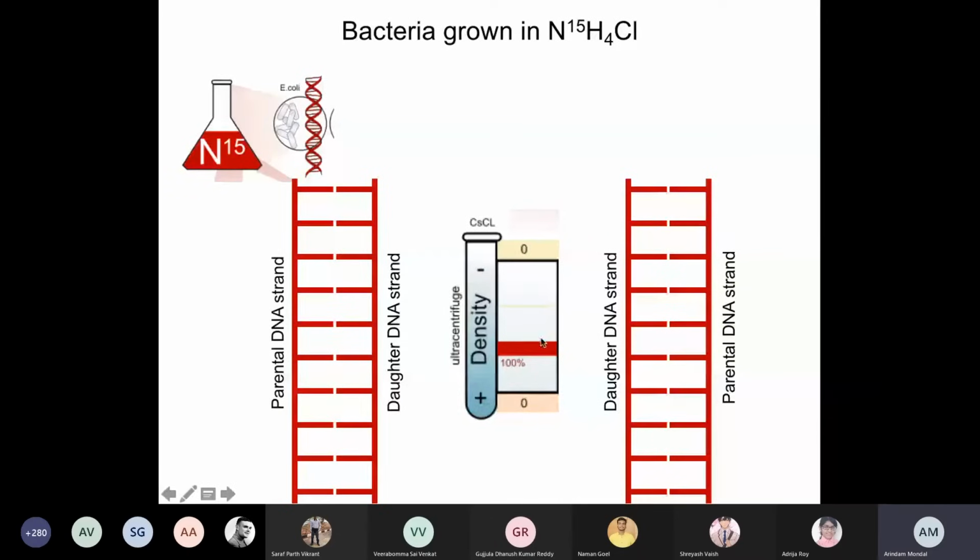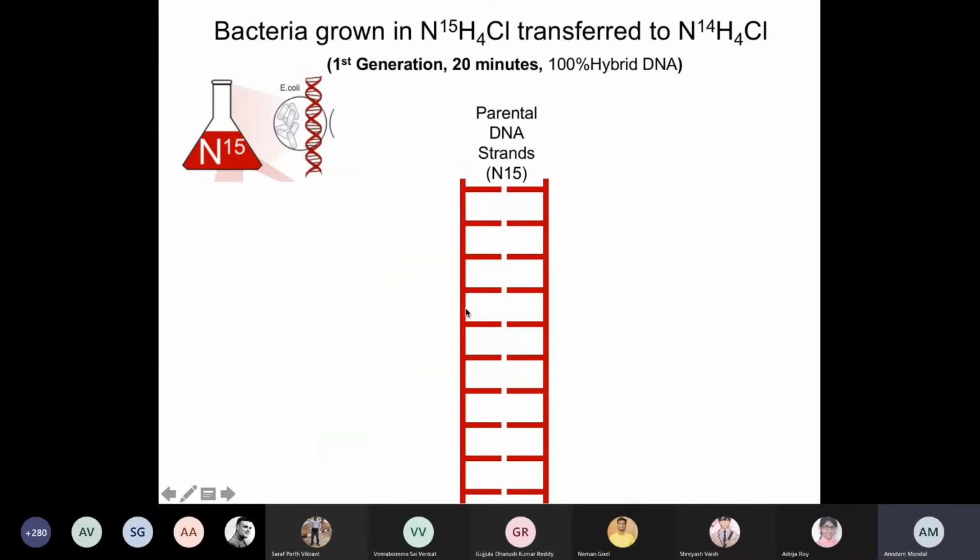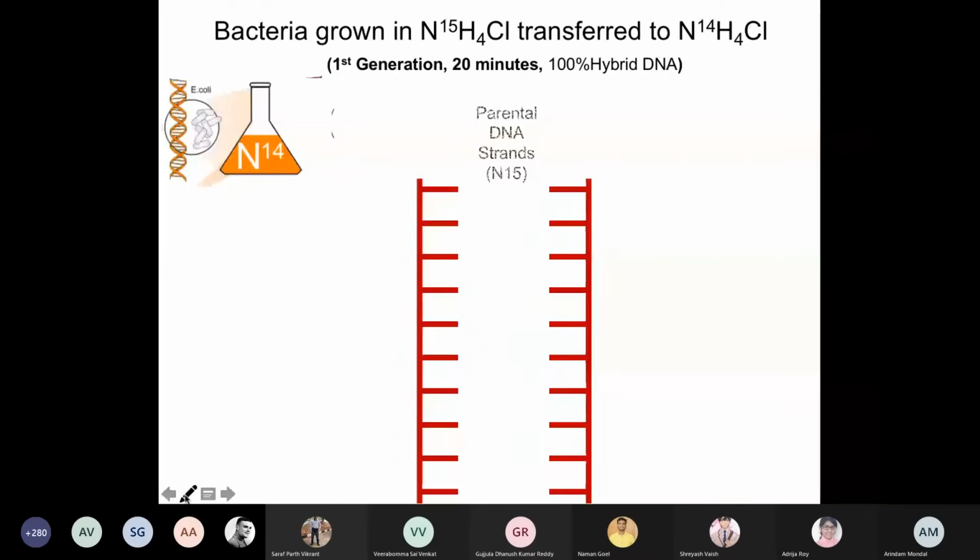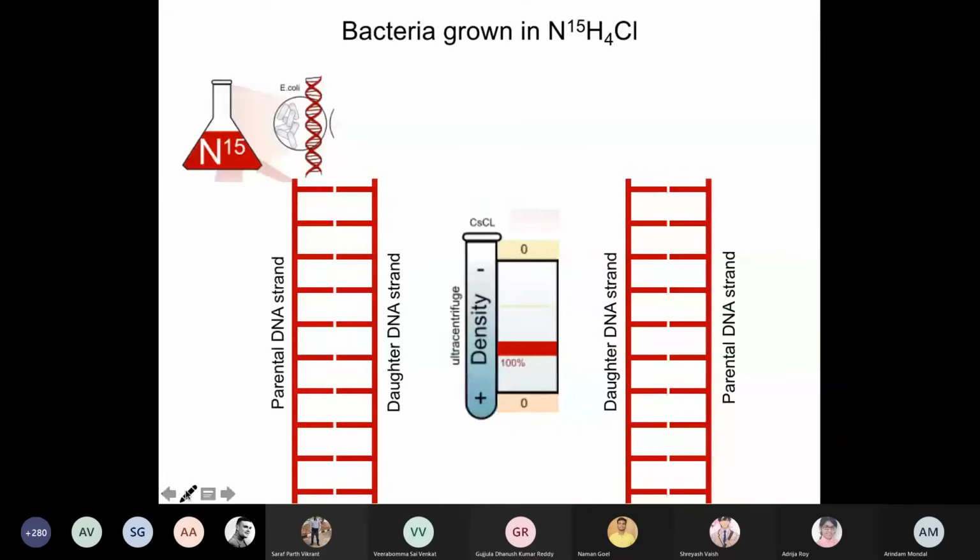Yeah. So if this is, say for example, the N15 containing DNA band, then the N14 band will be somewhere here. So in that way, you should be able to distinguish a difference of one unit of molecular weight in the nitrogen by density gradient centrifugation.